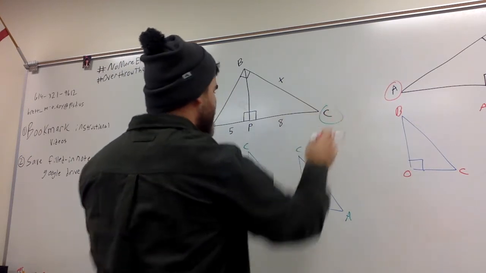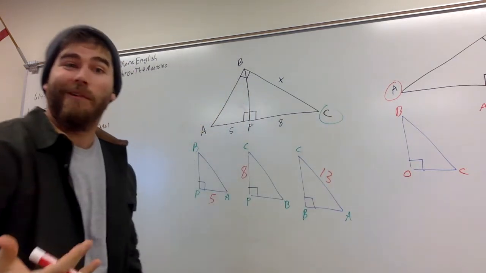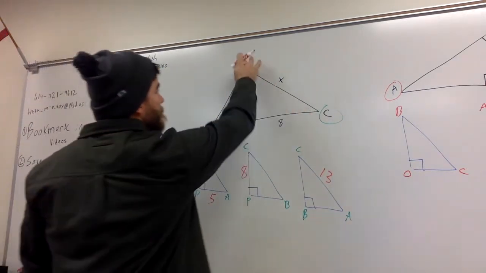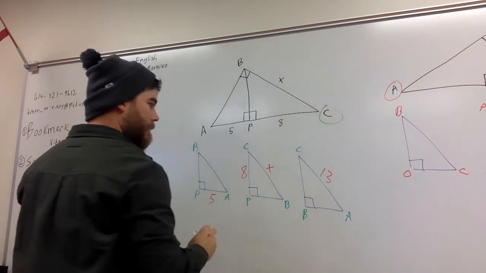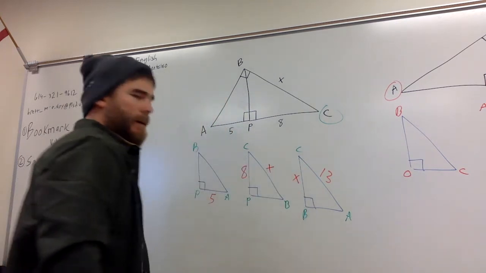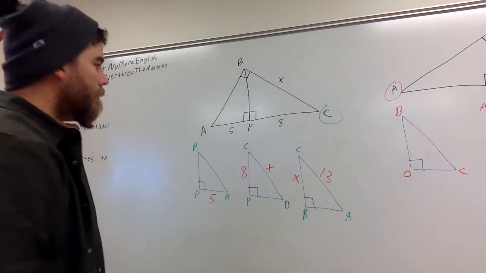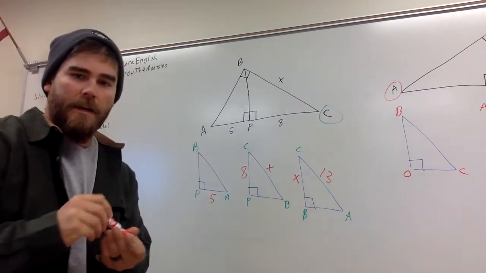So I know that A to C is 13. And then it tells me that B to C is X. So I labeled all the information I know, and I labeled the triangles.